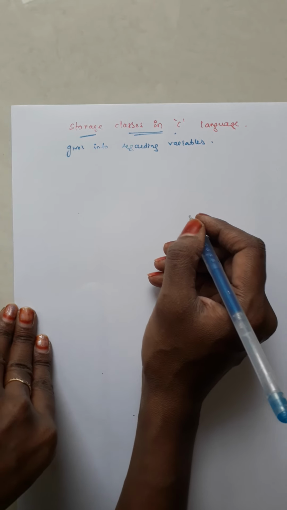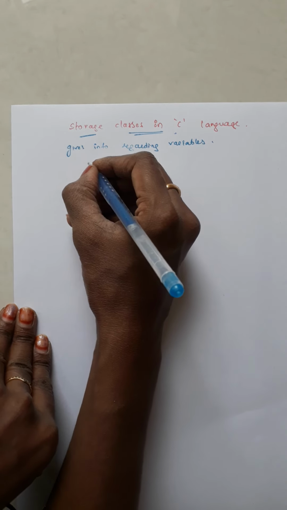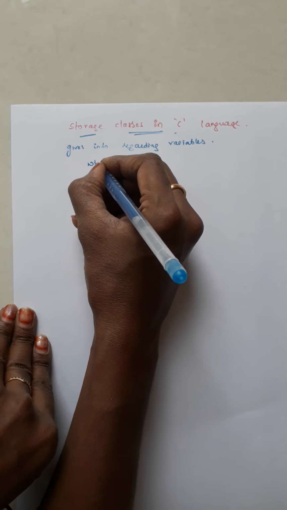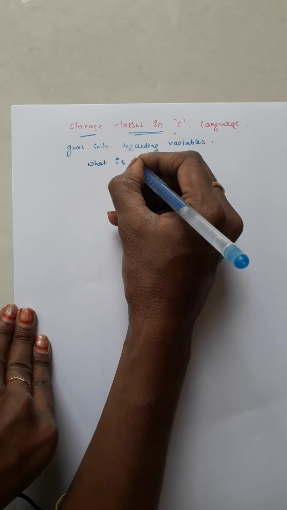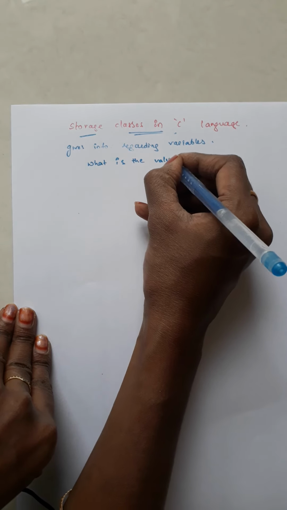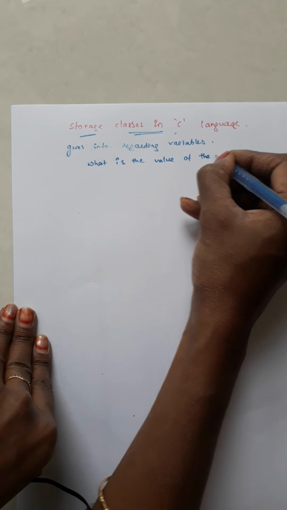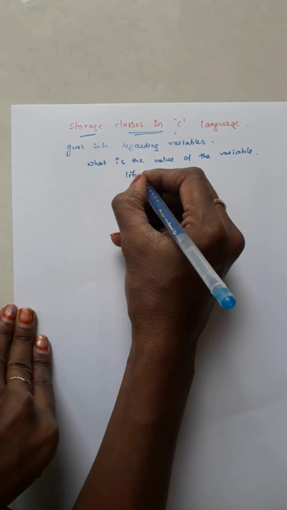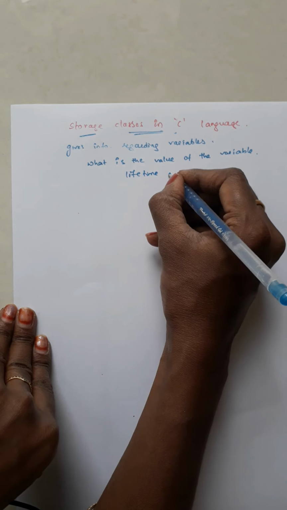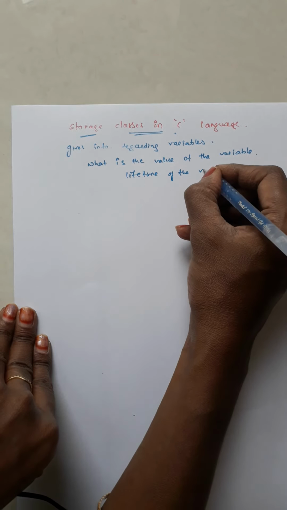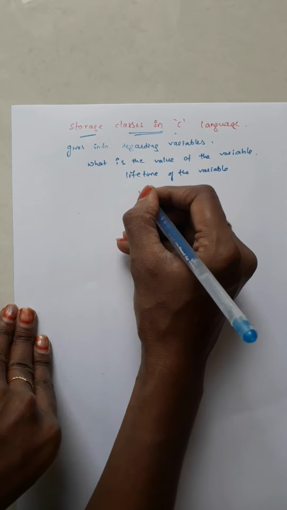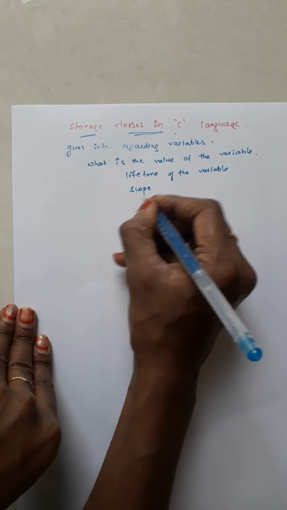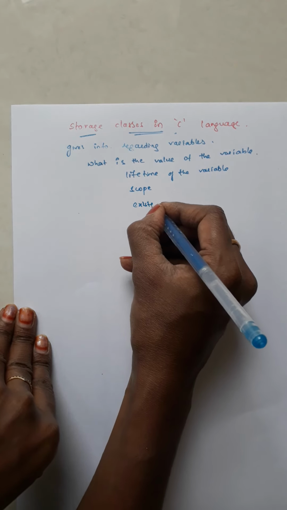Okay, so here the information means: what is the value of the variable, the lifetime of the variable, the scope of the variable, the existence of the variable.